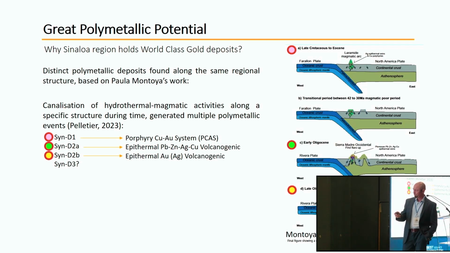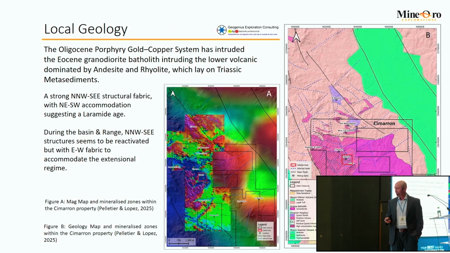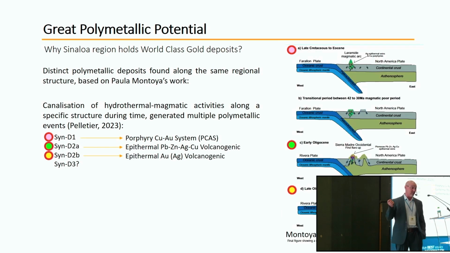I totally agree with her that we have 3 generations of deposits that can be formed along the same places. This is when, again, they can become very complex, when we have superposition, and that's exactly what we have at Cimarron. Maybe this is why it was difficult to figure out, because we have superposition of events: porphyry, base metal, epithermal, and also gold-dominant epithermals. I invite you to read the article. It's a very good one.